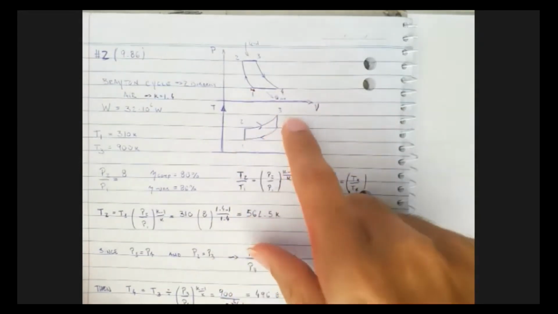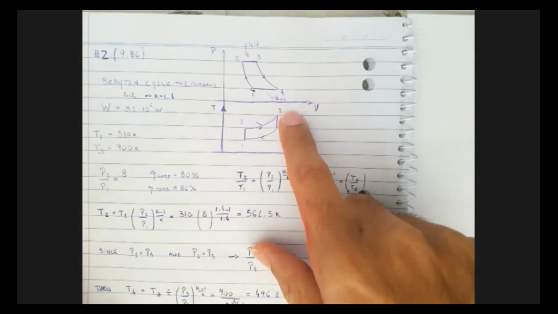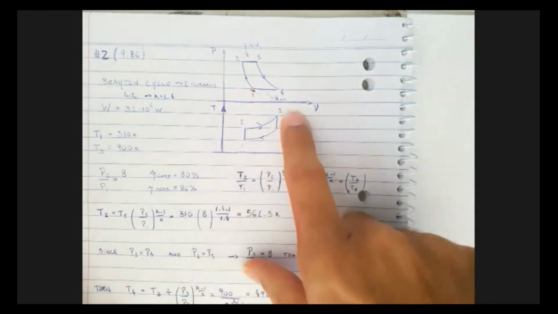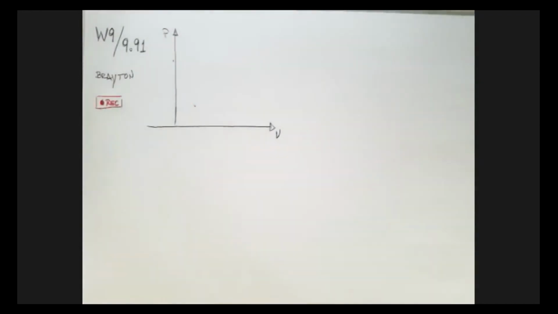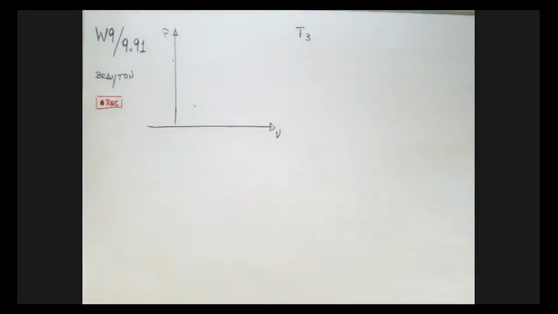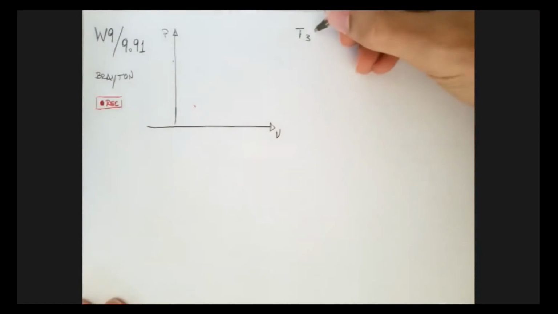So your maximum temperature in our case is 1,000 Kelvin, or 727 Celsius, and the minimum is 27 Celsius. That's going to be states 3 and 1. So let's put down that information. My maximum temperature is T3, which is 1,000 Kelvin.